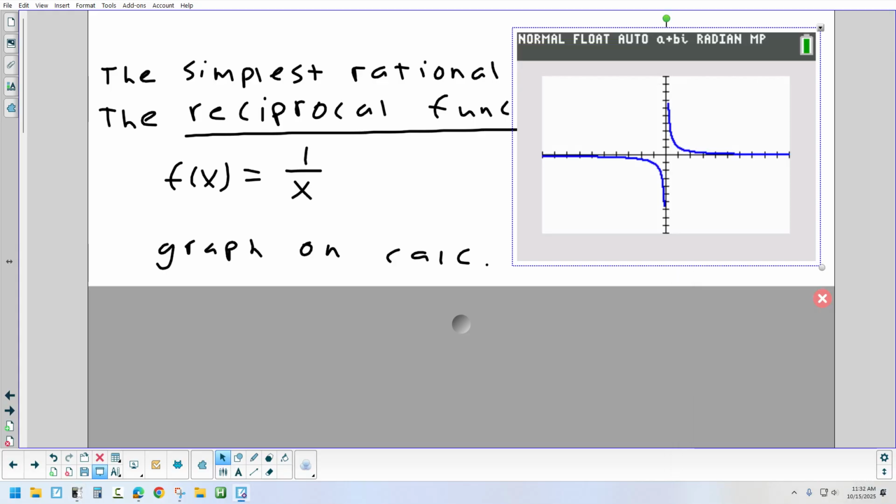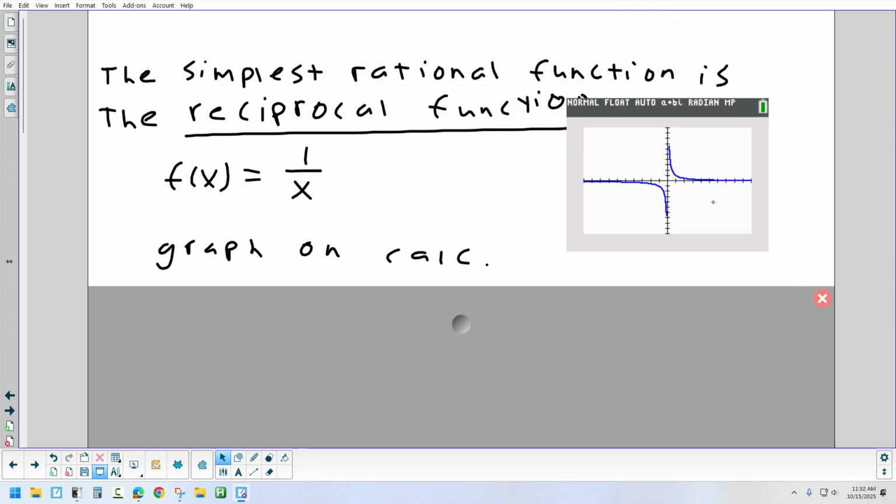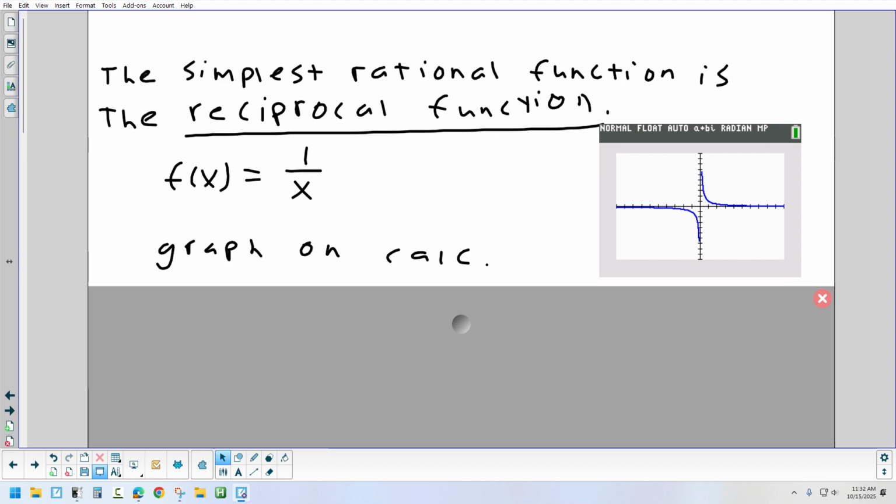They don't. They go on forever. So if I draw that one a little bit more accurately, the curve should go on forever. But they never touch any of the axes. That's not true for every rational function, but it is true for this one.